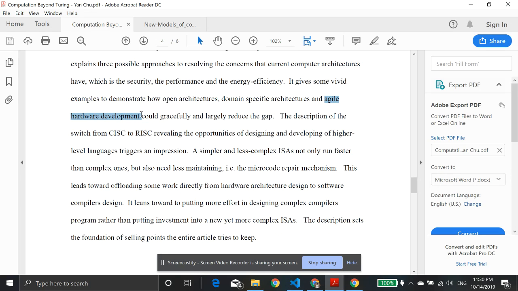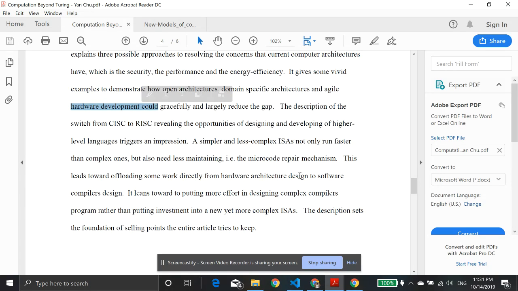And the agile hardware development suggestion could gracefully and largely reduce the performance gap, as described and discussed in the paper. Both the domain-specific architectures and the agile hardware development will boost the overall development of the current computer architecture that modern computers are evolving from.